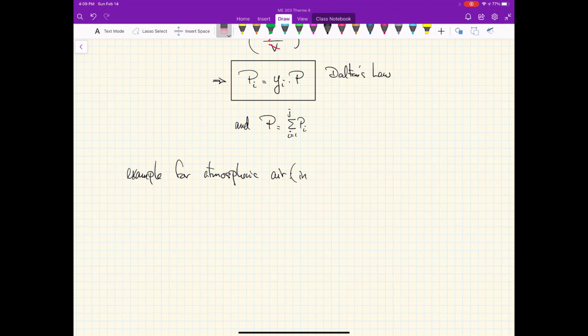So the fundamental result of Dalton's law is that the individual partial pressure of a gas in a mixture of ideal gases is simply equal to its mole fraction in the mixture times the total pressure. That is the key statement of Dalton's law right there.